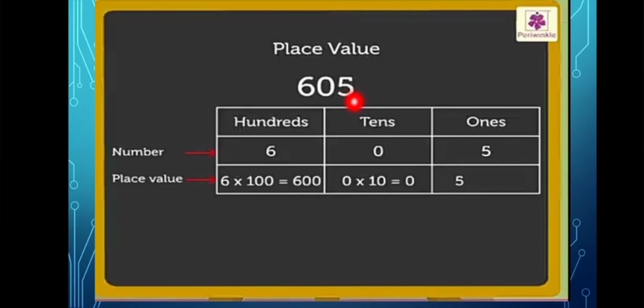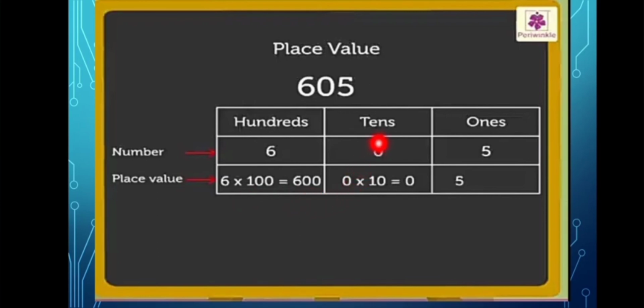So we will write it with their respective places. 6 is with hundreds, 0 is with tens, and 5 is with ones. So number 6 goes in the hundreds column. So the place value of 6 is 6 into 100, that is 600.